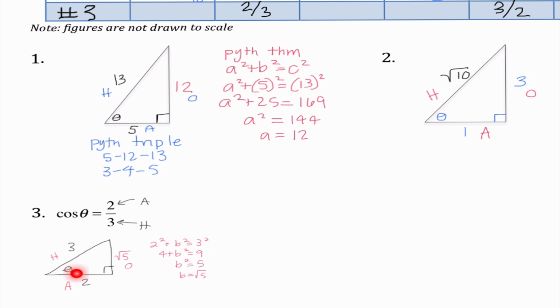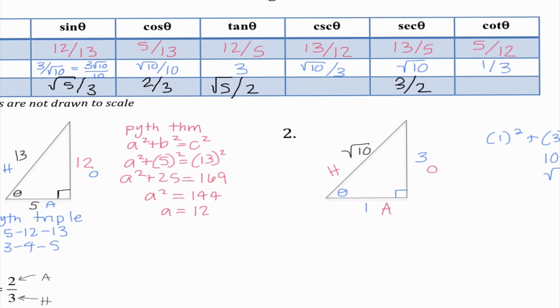Okay, sine is opposite over hypotenuse. So I have radical 5 over 3. Tangent is opposite over adjacent. So I have radical 5 over 2. And at this point, now I'm just doing reciprocals. So the reciprocal of sine is going to be cosecant.